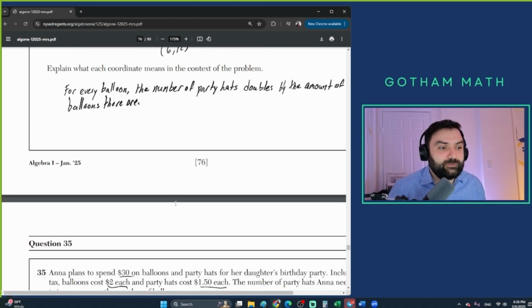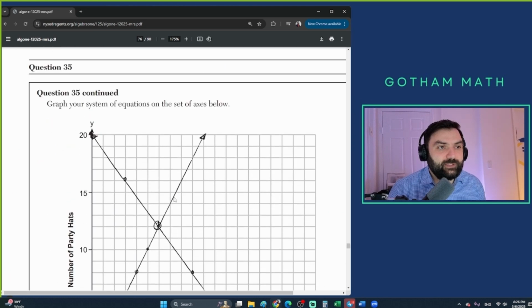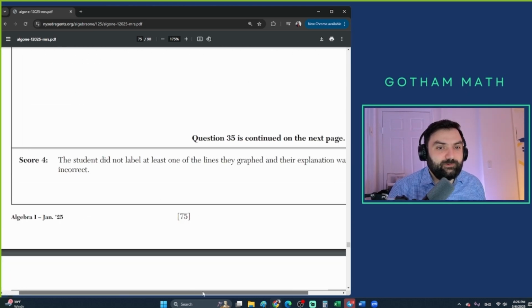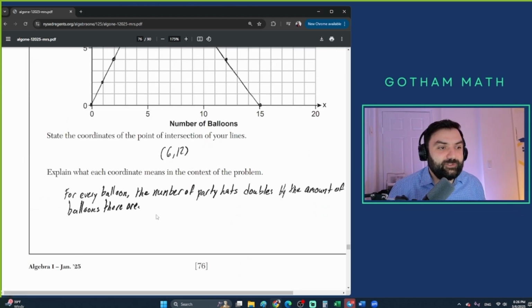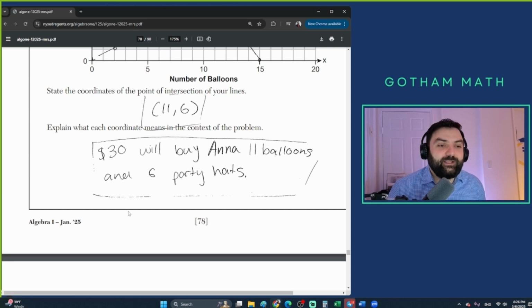6, 12. So what does it say again about this answer? It says that the student did not label at least one of the lines of the graph, and their explanation was incorrect. Incorrect explanation: for every balloon, the number of party hats doubles by the amount of balloons. Nah. Score 4. All right, guys.